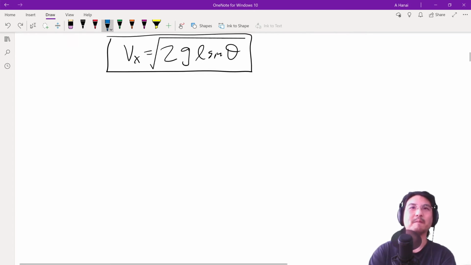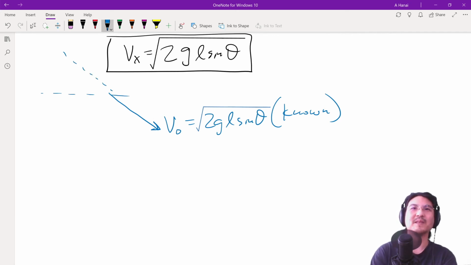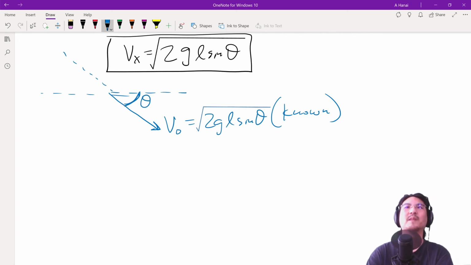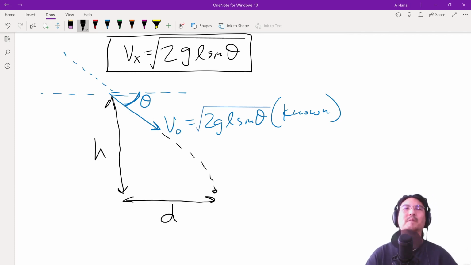We have this initial velocity, which I'll call v0, which is known. And the angle we know because the ramp was this way, so the angle is right here, theta. Then we know this height was h, and it's going to land somewhere, some distance d.